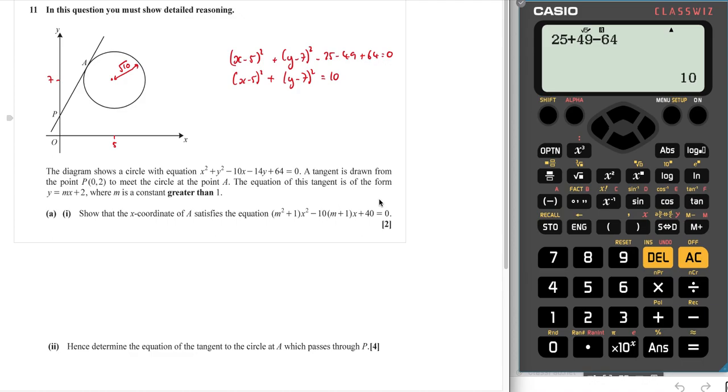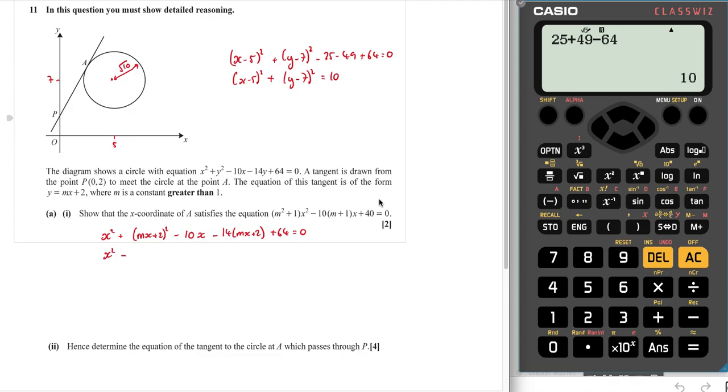So we've got x squared plus y squared, with y as mx plus 2, minus 10 lots of x, minus 14 lots of mx plus 2, plus 64 is 0.